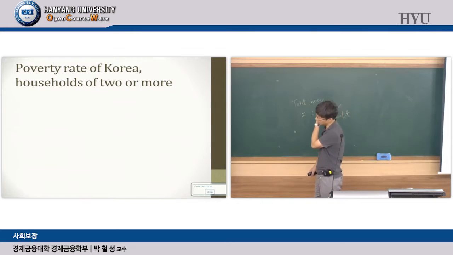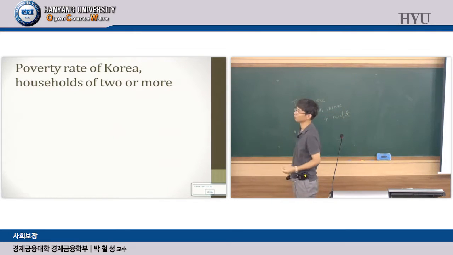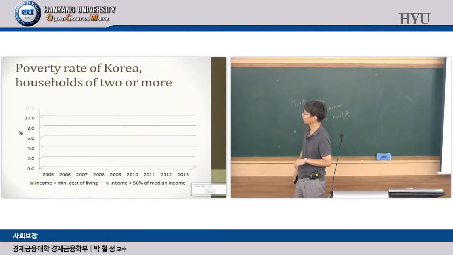It's because social welfare is related to the poverty issue, and there are different ways of finding statistics, but let me give you just actually two statistics. This one shows the households of 2 or more, excluding households of only 1.